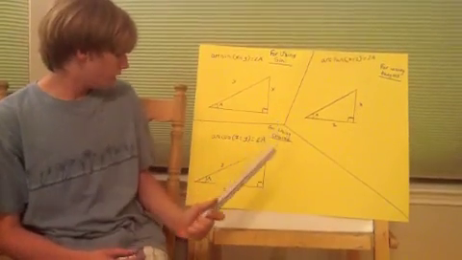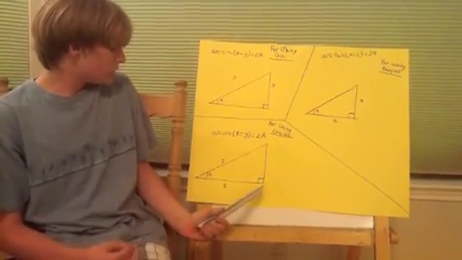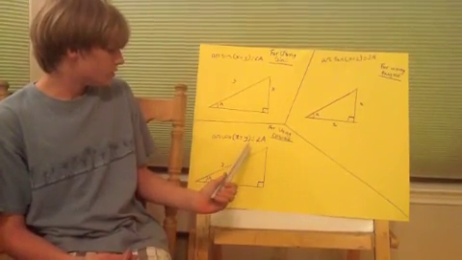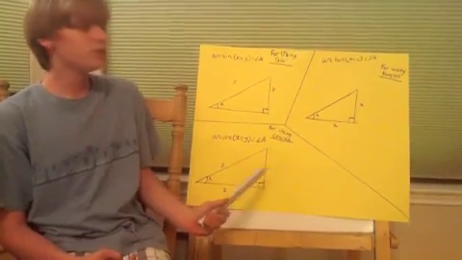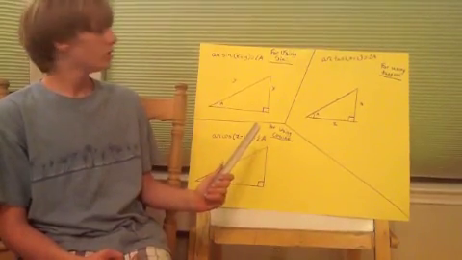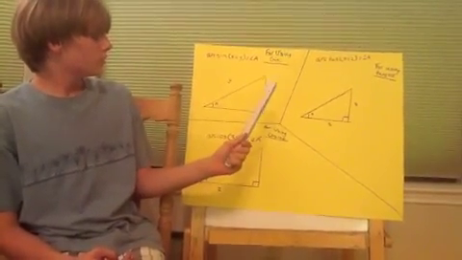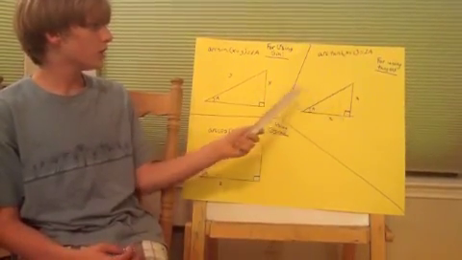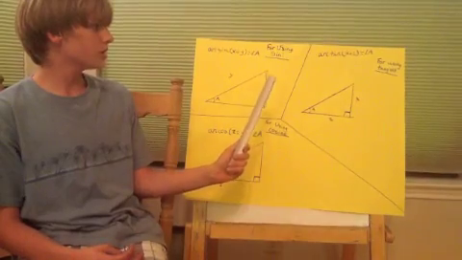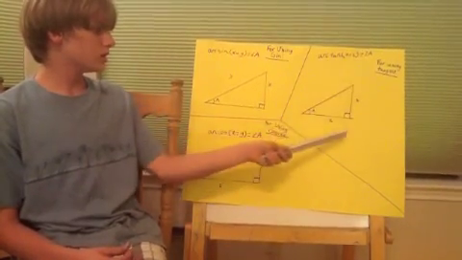If we only know the adjacent side z and the hypotenuse y, then angle A is equal to the arccosine of z over y. If we know the opposite side x and the adjacent side z, then angle A is equal to the arctangent of x over z.